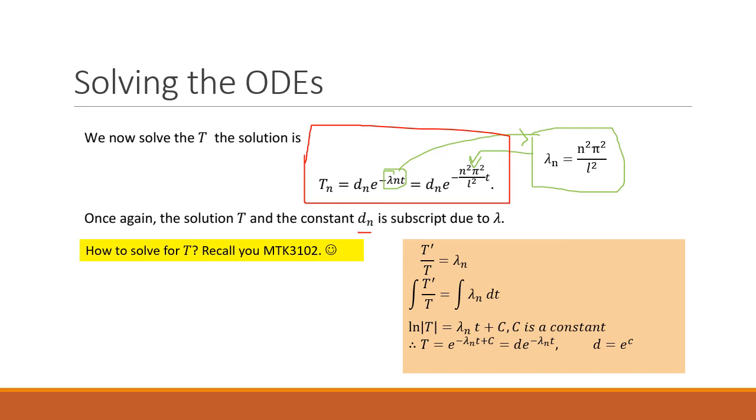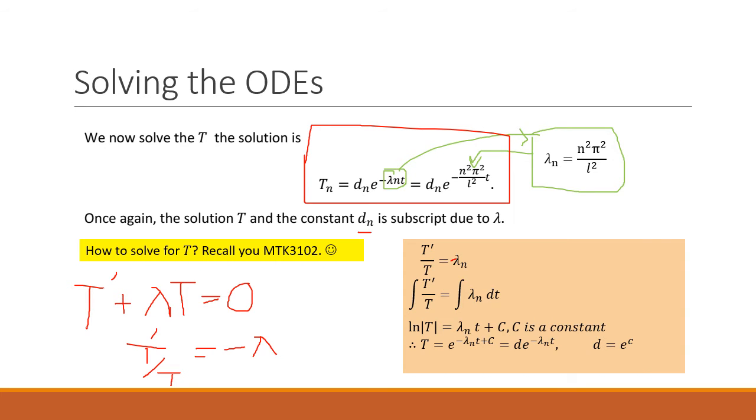So you can recall your MTK 3102, or dekat sini saya bagi lah kalau tak ingat macam mana nak recall. Okay, so dekat sini kalau remember, kita ada T prime plus lambda T equal to 0, ataupun T prime over T equal to minus lambda.